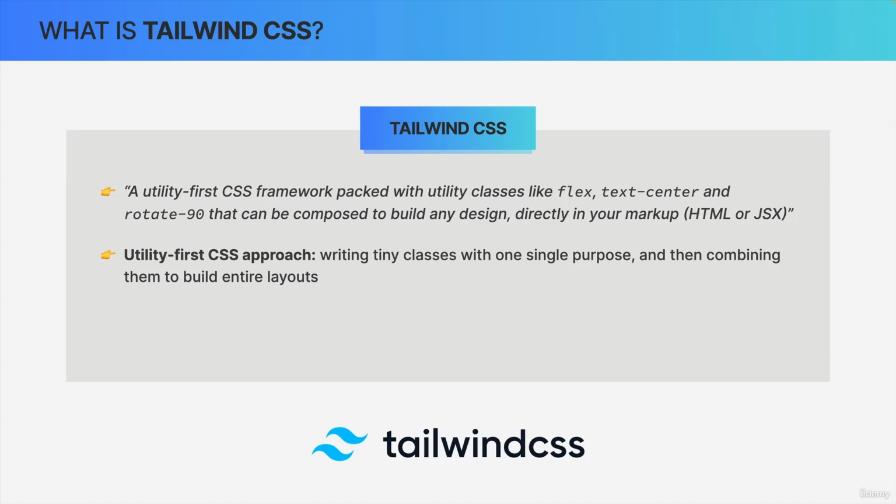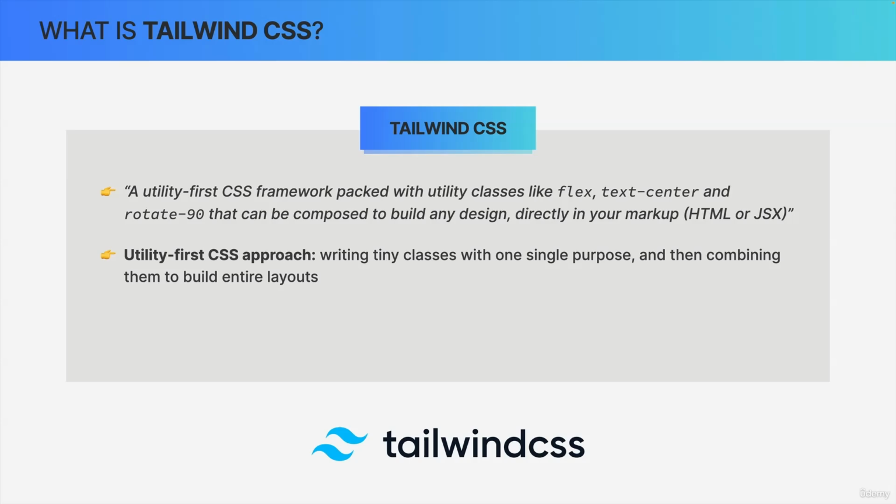So that's the idea behind utility-first CSS or atomic CSS, which is the same thing. Now, Tailwind did not invent this approach, but they were the ones who made it really popular by building this super high-quality framework that's also super easy to use.